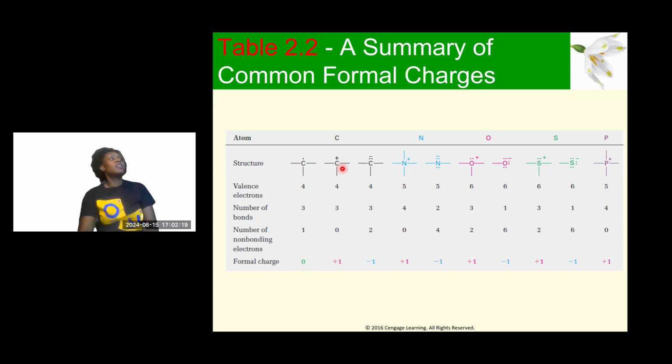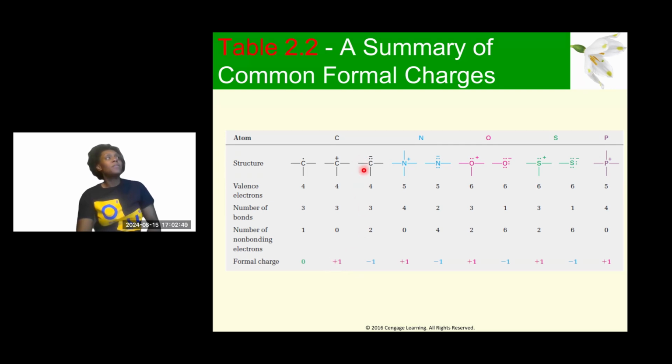Now let's look at this carbon here. Again, carbon has 4 valence electrons. However, there's only 1, 2, 3 bonds, and there are no additional electrons there. There's an empty spot shown by that cation there. So 4 minus 3 gives you a positive 1, so you have a plus 1 formal charge.